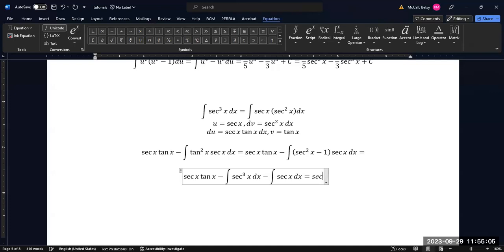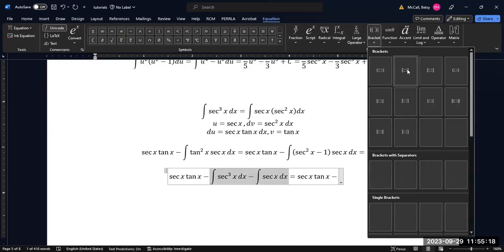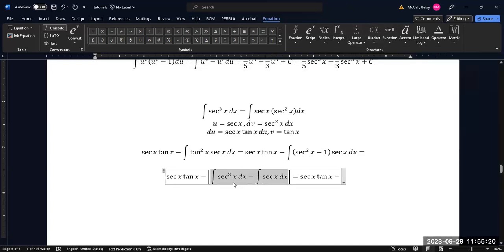I'm going to get my secant x tangent x term from the front. I should mention, I don't want to lose those minus signs. This is from this one integral, so this is a minus, so this will actually be a plus.